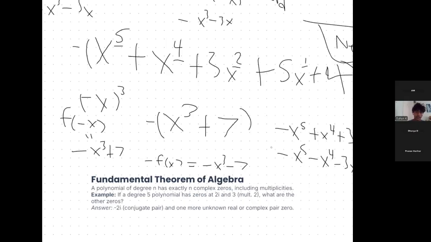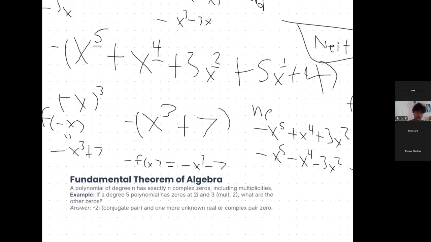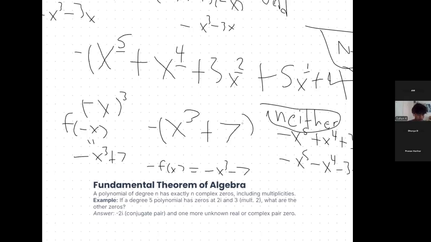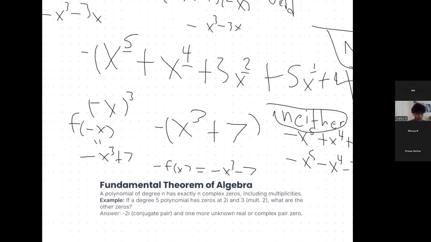Now I want you guys to notice a second pattern here. Whenever you have a function where there are only odd degrees, you know that it can't be even.